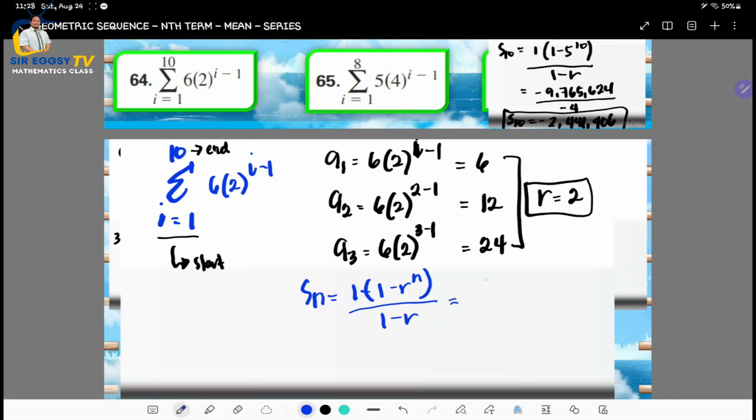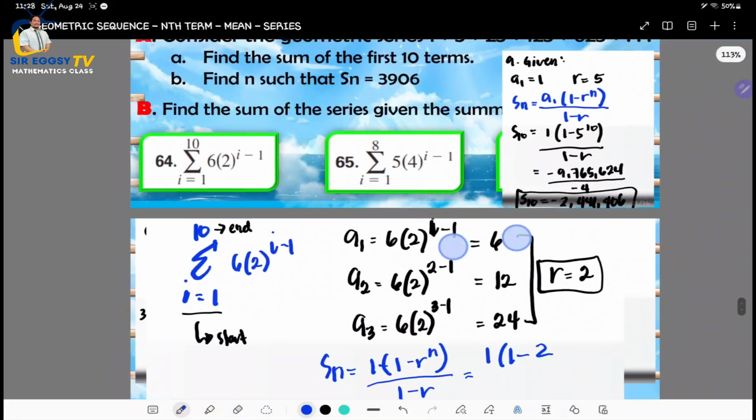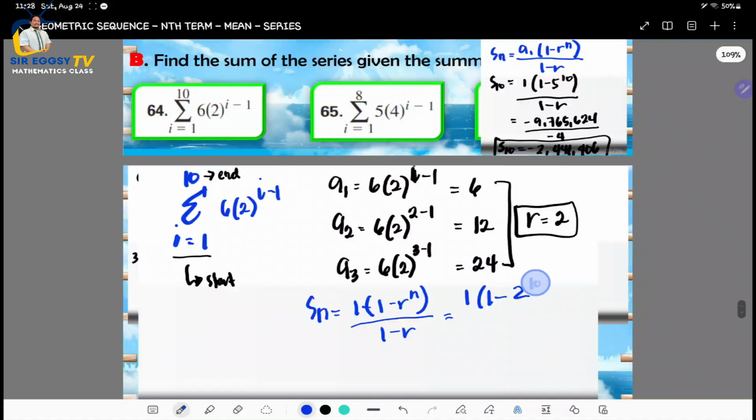Okay? And then by substitution, you will have 1 times 1 minus 2 raised to 10, because 10 is what we are looking for, right?